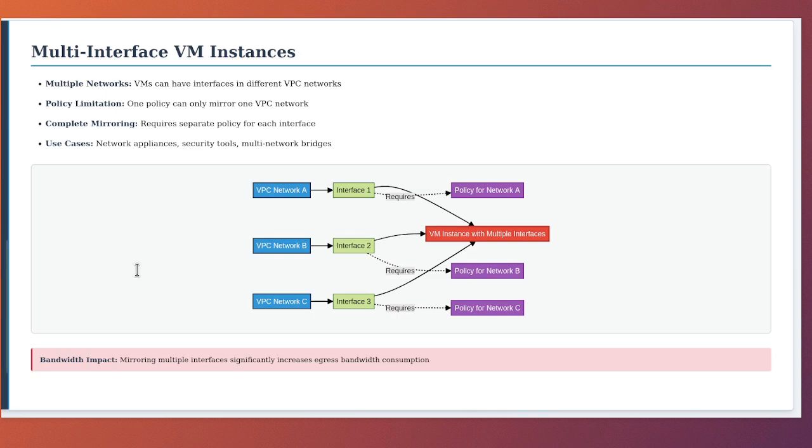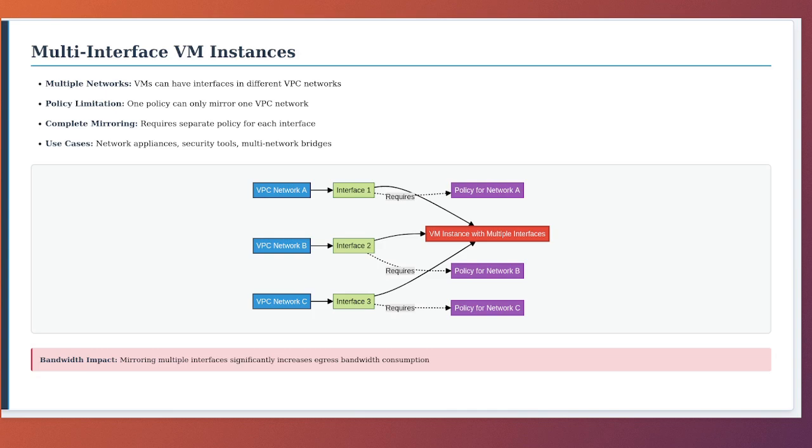Similarly, mirroring interface 3 would require a third policy in VPC network C. This means that fully mirroring a multi-interface instance requires creating multiple packet mirroring policies, one for each network interface you want to monitor. Each policy would potentially send mirrored traffic to different collector destinations, or if you want centralized collection, you would need to set up VPC peering or shared VPC arrangements so that all the policies can send traffic to a common collector infrastructure.